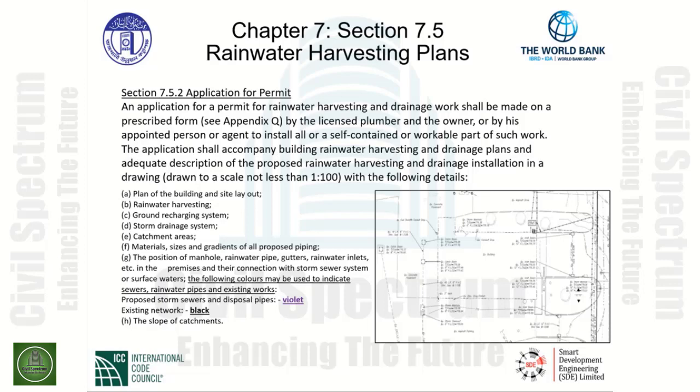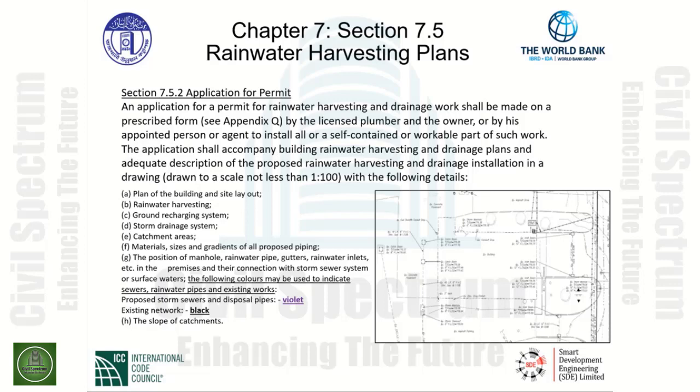Proposed storm sewers and disposal pipes may be allowed the color violet. Existing network, colored black. And then finally H, the slope of catchments must be indicated on the drawings.